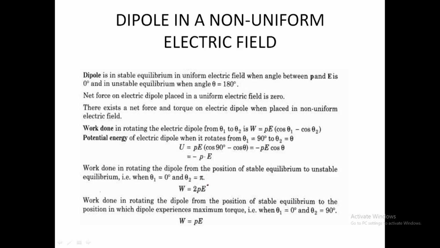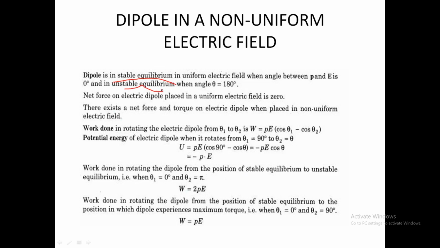For that, we first have to finish a few points in a uniform electric field. In a uniform electric field, after a certain position, the dipole will reach either a stable or an unstable equilibrium.